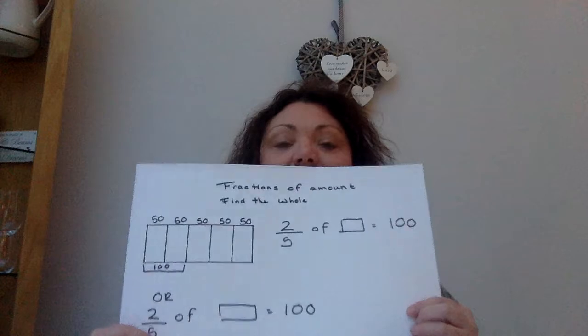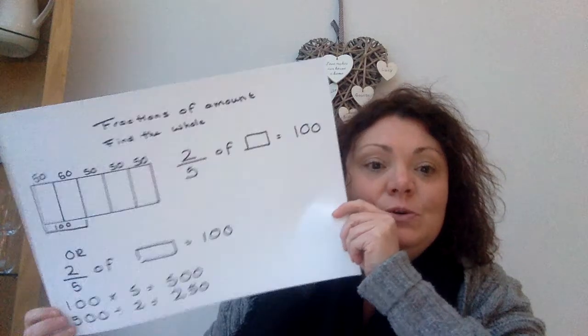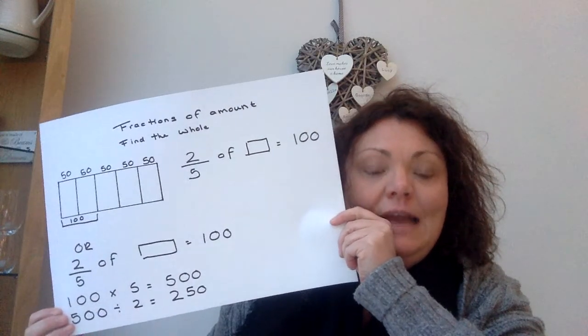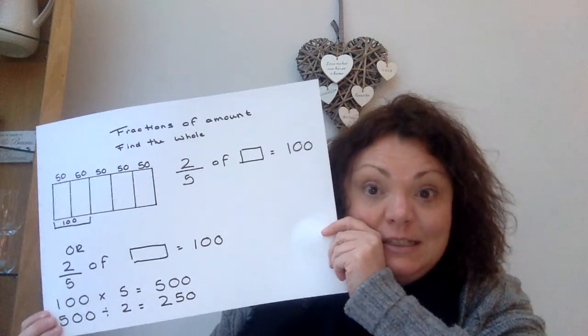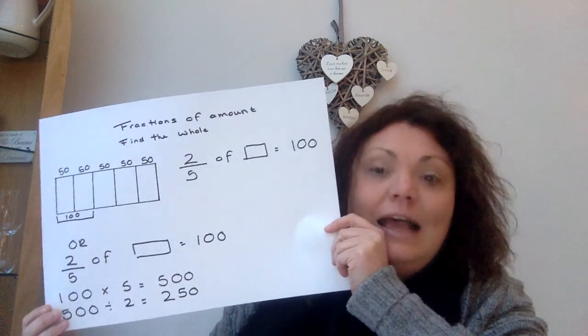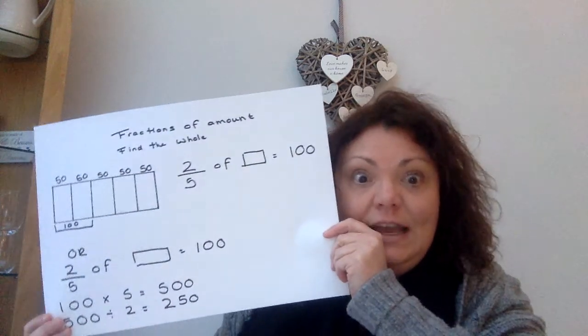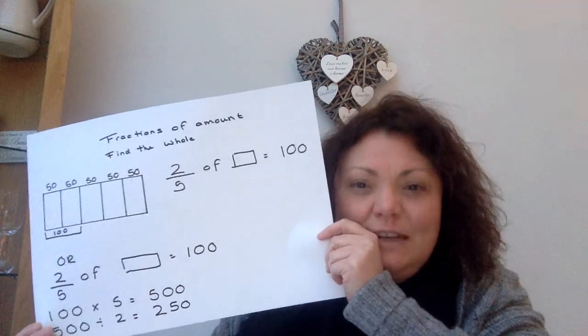Now, there is a different way that we can do it. I'm going to put it to a side because I think I'll be hidden behind the paper. So you could also do it this way, okay? You could say, look at the same question, 2/5 of something equals 100. And another strategy that we can use, now you just got to learn this strategy, okay? And it's really quite simple.